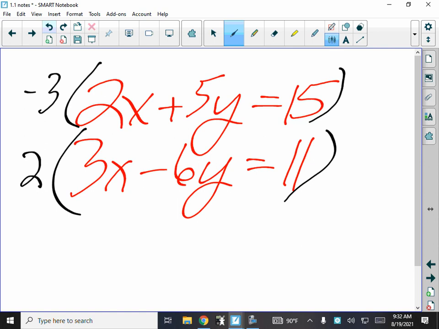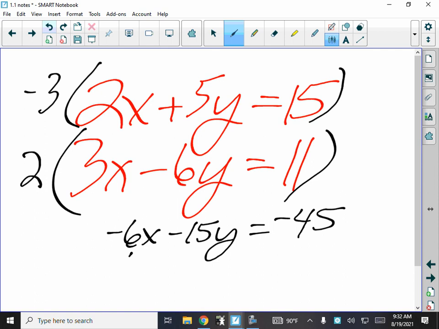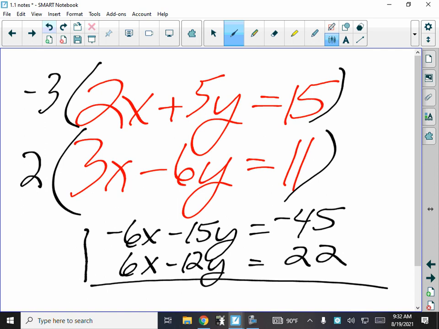So far, so good. The top equation would be this, this, that, and the bottom equation would be this, that, that, and then you just draw your line and add down. So the x's went bye, bye, bye.